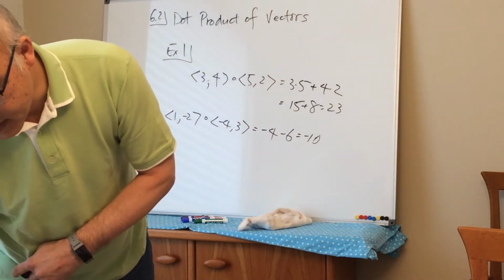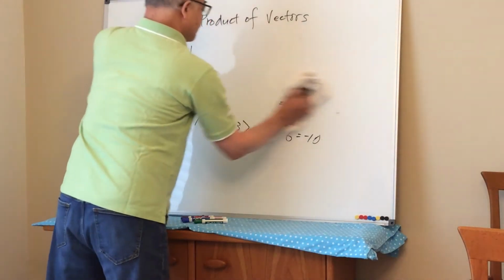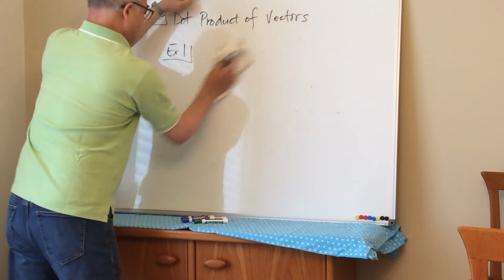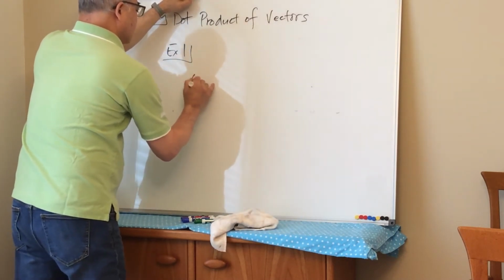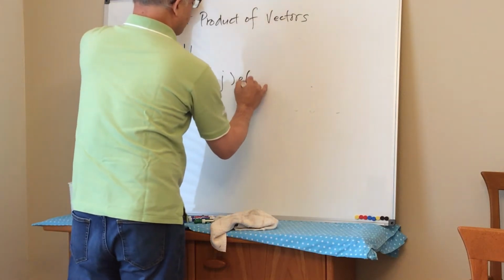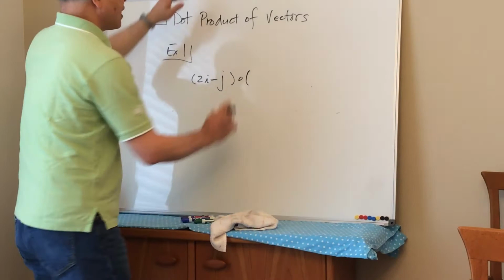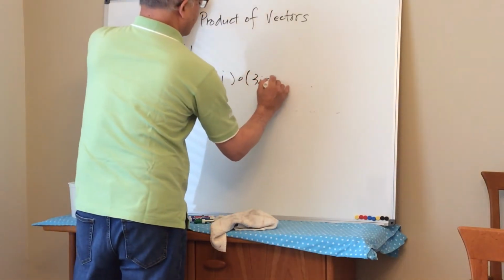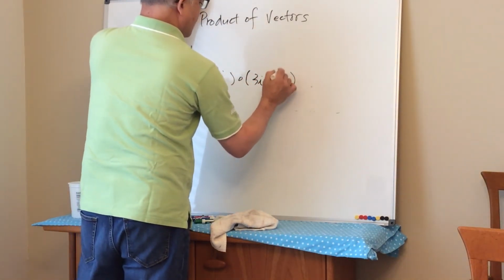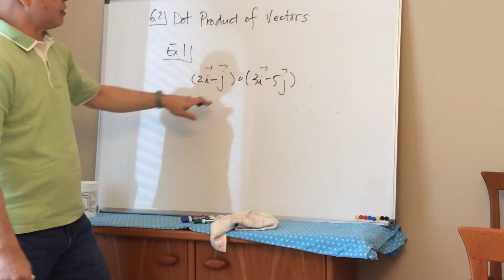Okay. C, (2i - j) dot product with (3i - 5j). Obviously, these are all standard vectors here, okay?